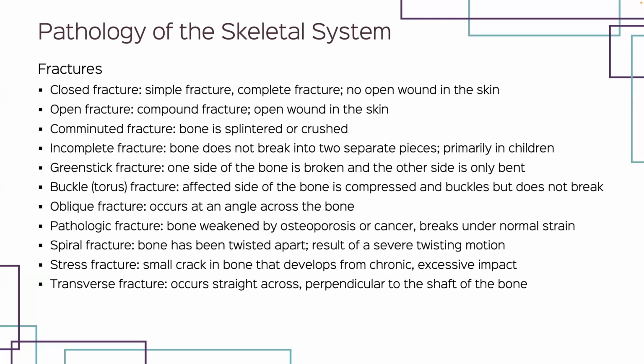My bones are not weak and they haven't lost density, so I can withstand that. But someone that has a pathologic fracture, it just means that it breaks under that normal strain. So if I had osteoporosis, I'm at risk of bumping into a door frame and breaking my shoulder or my arm or my wrist or my hand.